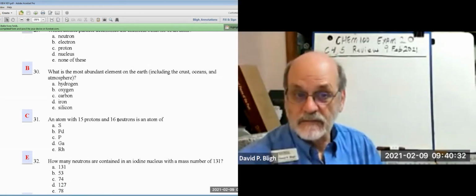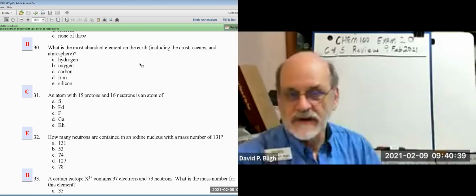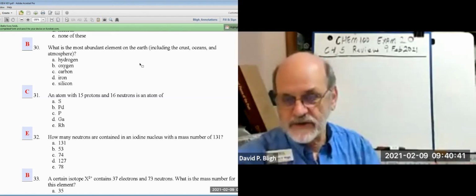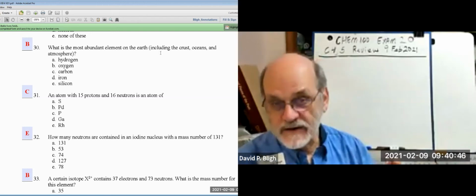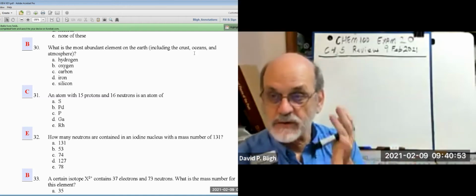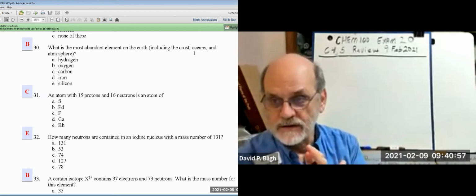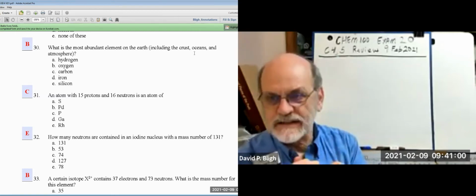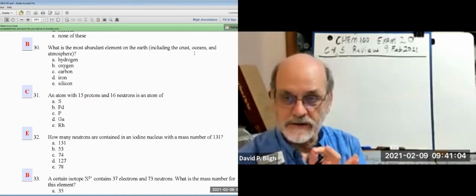30. What's the most abundant element on the Earth? In the crust, oceans, atmosphere, all combined, same as the human body, oxygen. Think about it. That's why I've wanted this question specified not just the crust, but the oceans and the atmosphere. Right? The atmosphere is 20% oxygen. The ocean's composed of water, which is, what did we say earlier, 18-to-1 ratio of mass of oxygen to hydrogen.